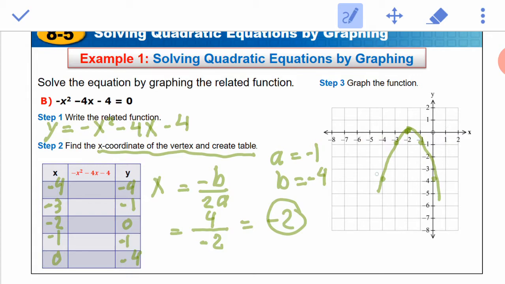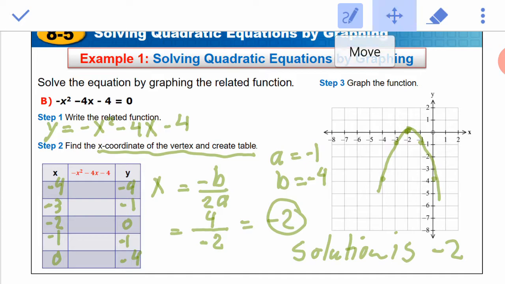How many zeros for this parabola, guys? This parabola only touches the x-axis at -2. So this quadratic function only has one solution. The solution is -2.